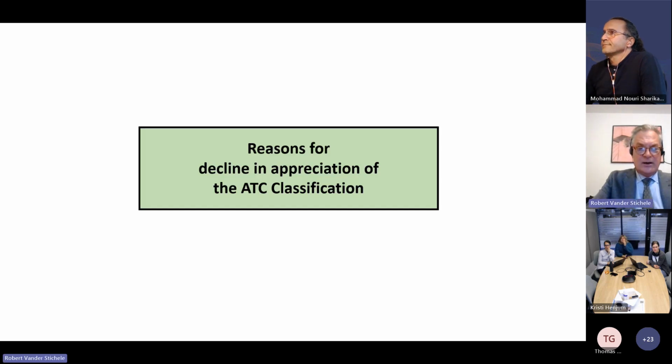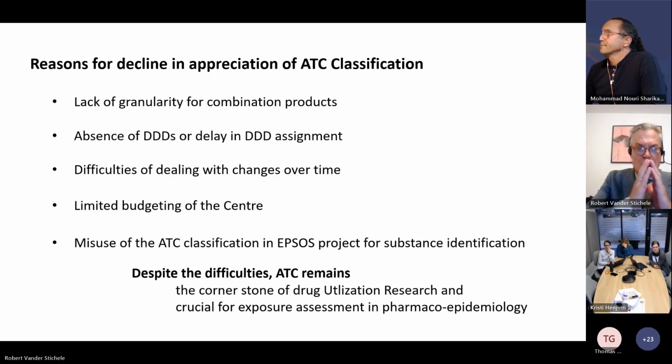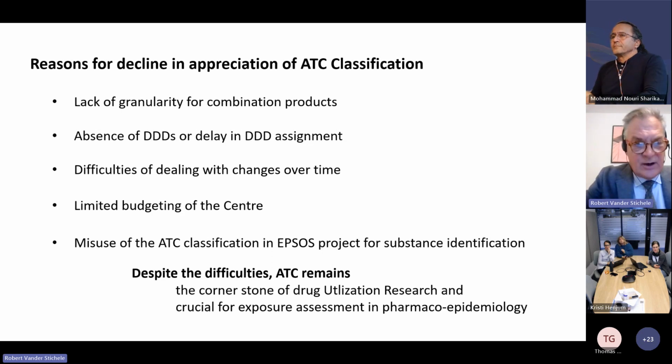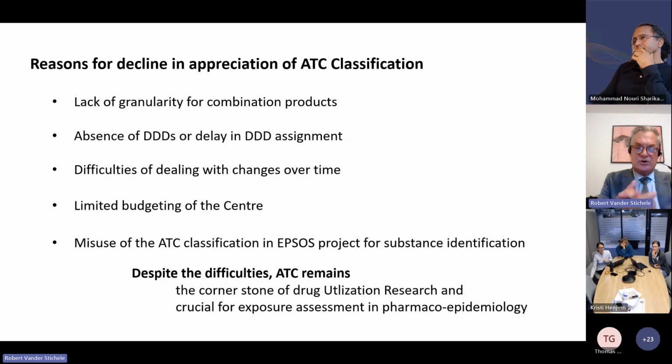First, the reasons for decline in appreciation of the ATC classification. Well, one of the criticisms of ATC has always been the lack of granularity for combination products, that some combinations are not fully specified, and that is sometimes seen as a hindrance. It is perfectly all right for the purpose of drug utilization research, but for pharmacovigilance or for computer decision support and safety applications, it might not be enough.